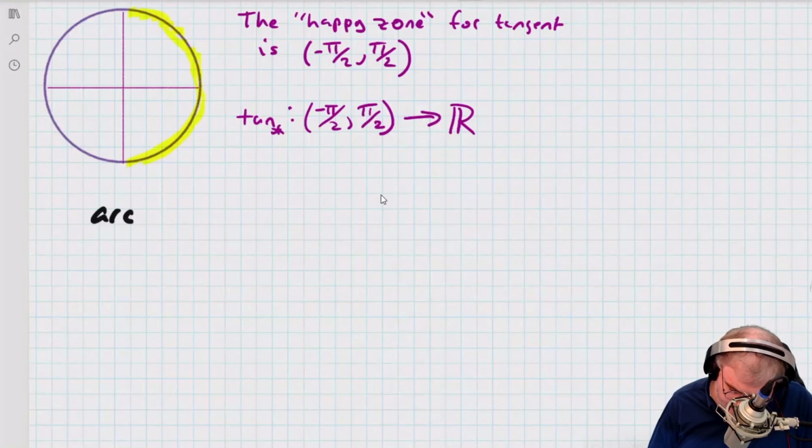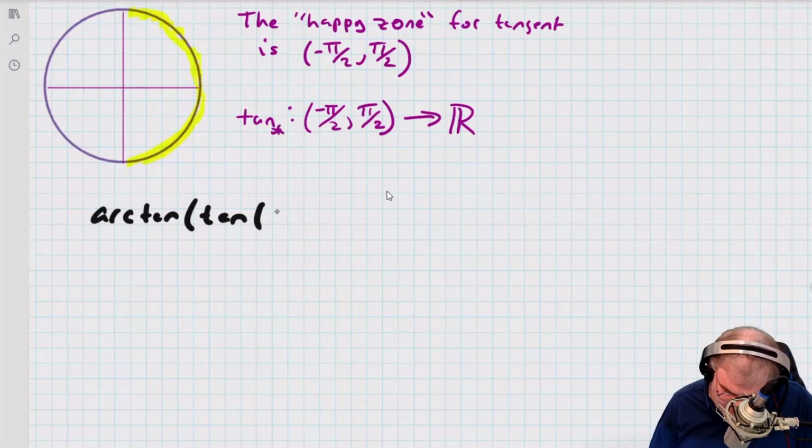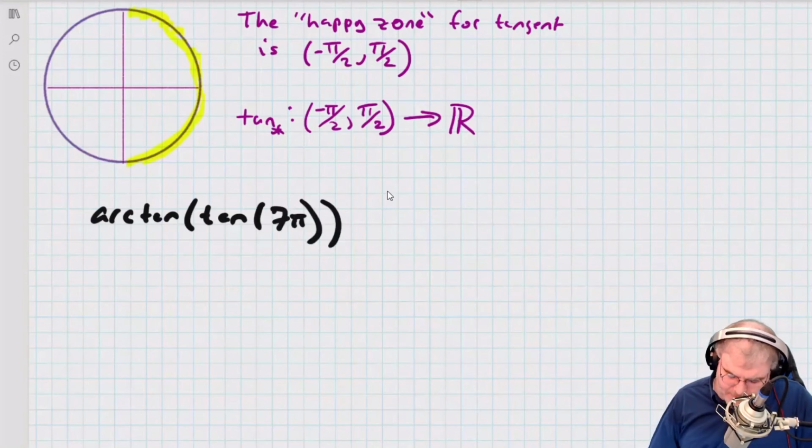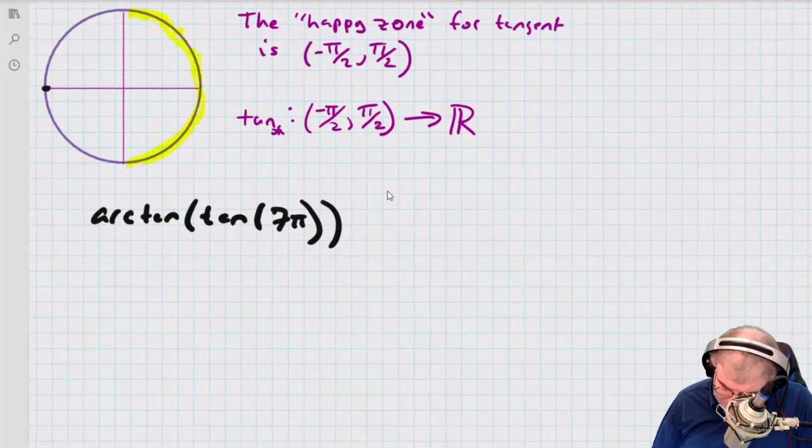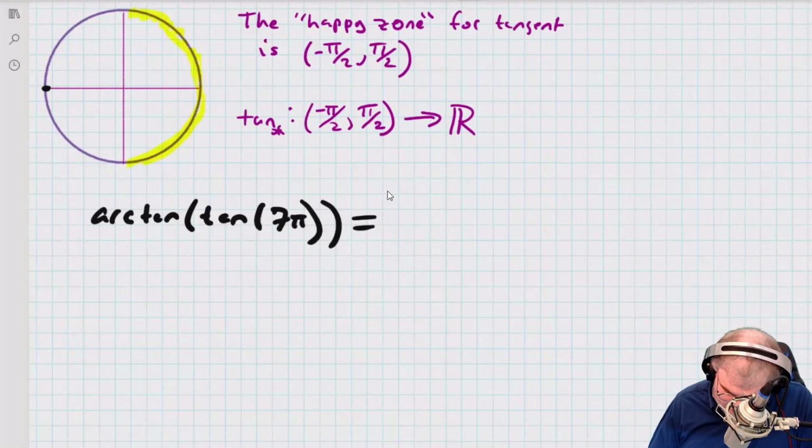The arctan, this is a little different, of tan of, I need something that's not going to wind up there, 7 pi. Okay? So if I go 7 pi around my unit circle, I wind up here. All right, is everyone on board with that?